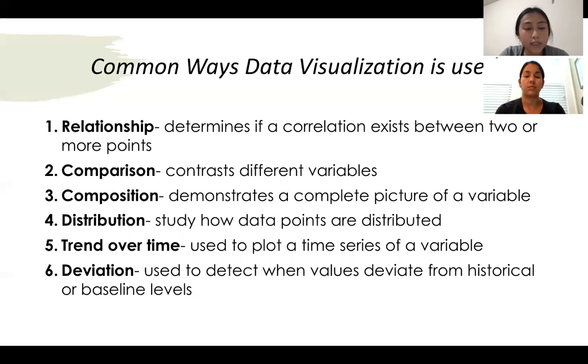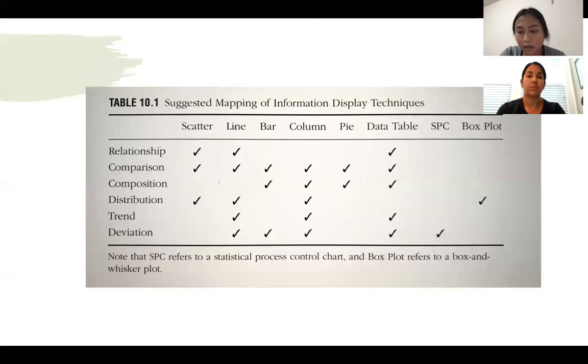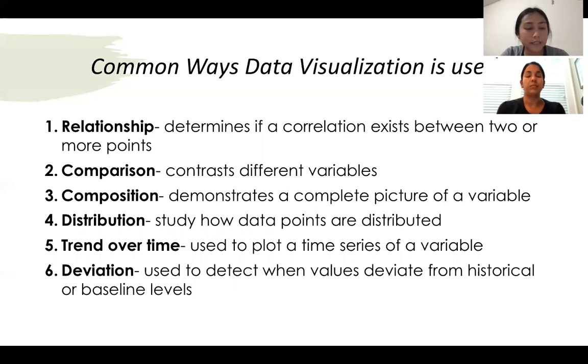Number three is composition, which demonstrates a complete picture of a variable. An example is the tally of the different surgical procedures performed at an outpatient surgery clinic.